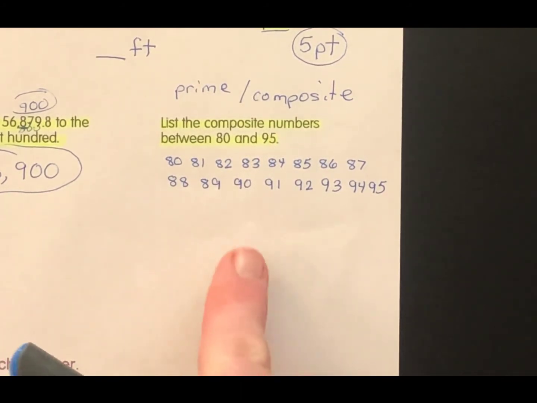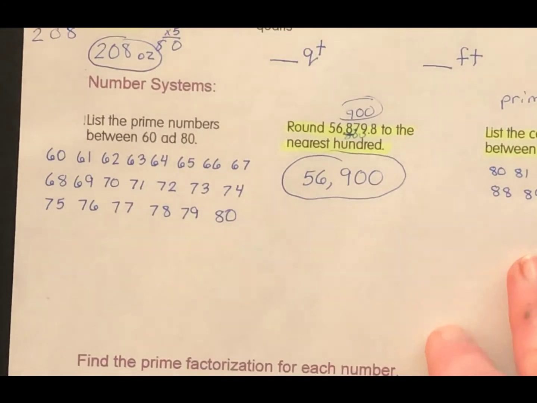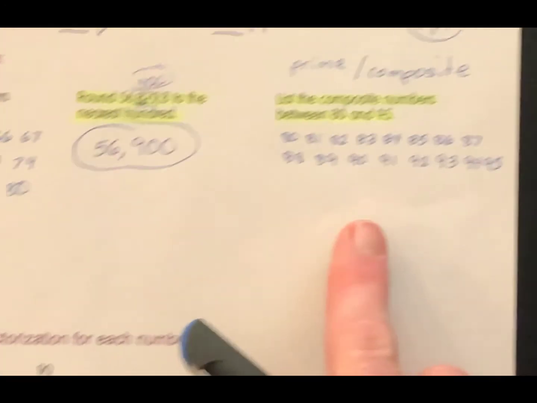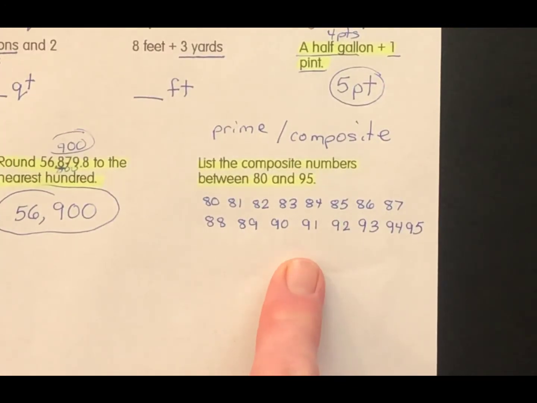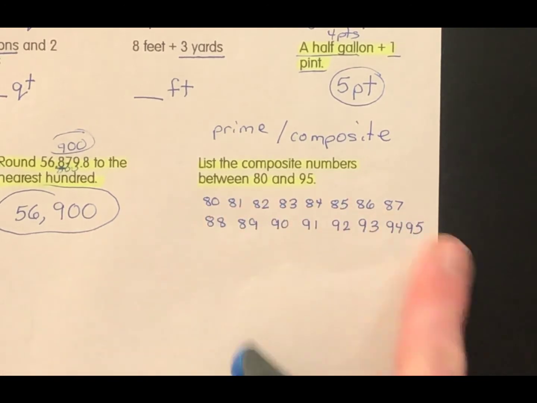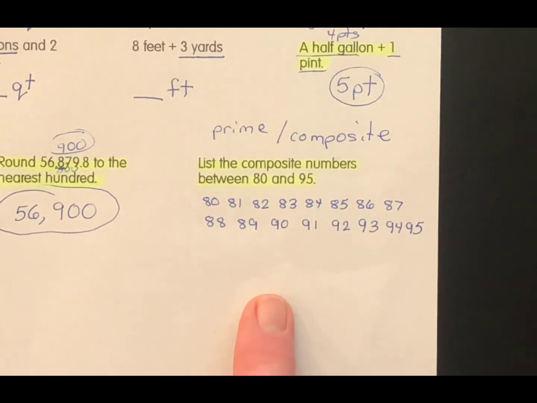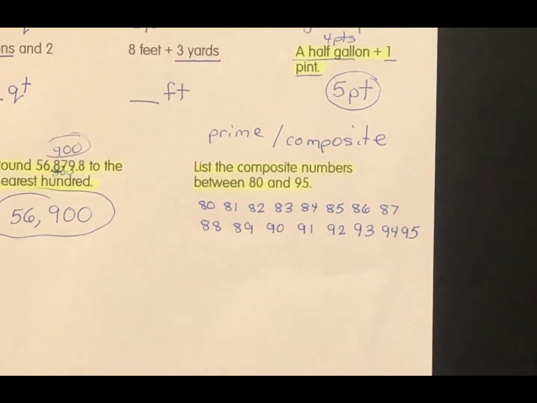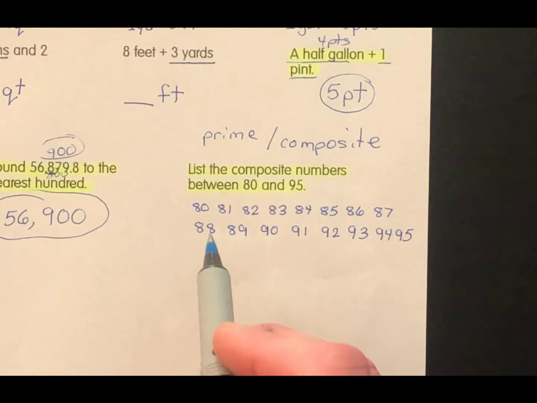So even though on this one you're finding the prime numbers and this one you're finding the composite, the same strategy will work. I'm going to go through and use the process of elimination, and I'm going to circle every number that I know is composite. So if 2 goes into any of these numbers, I know it's not prime, because prime would be only 1 and itself.